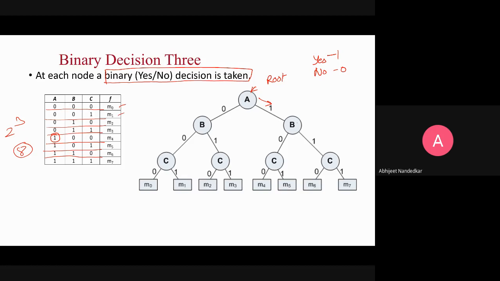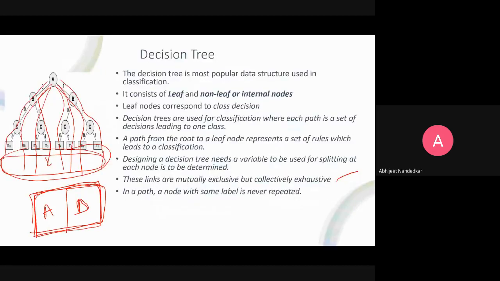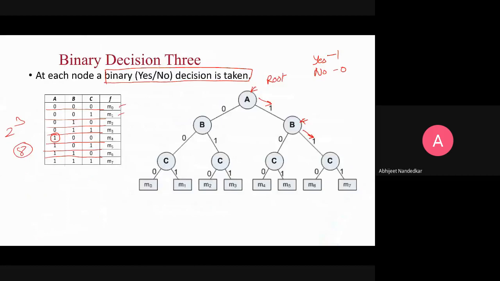Then I have internal node B. I put this internal node B and check the value of B. If it is 1, then I will move this side. Okay, so you can see here, if this is 1, that is B is 1, I have now two options.